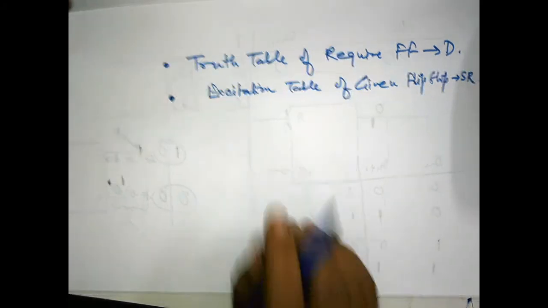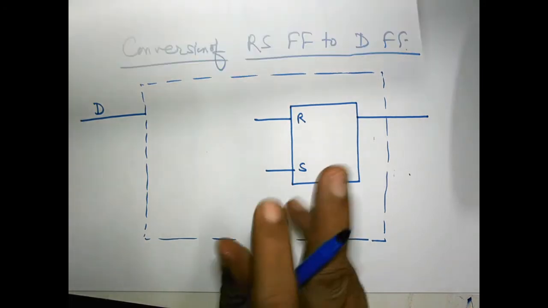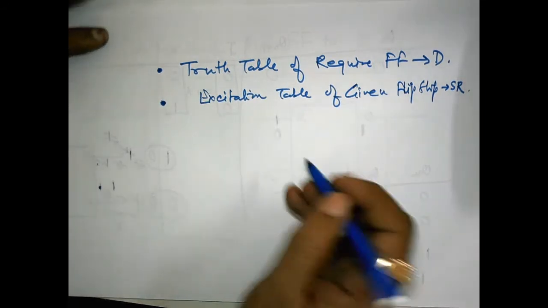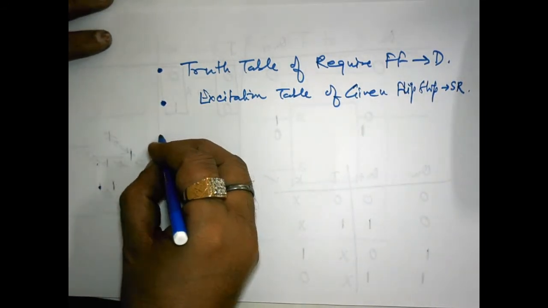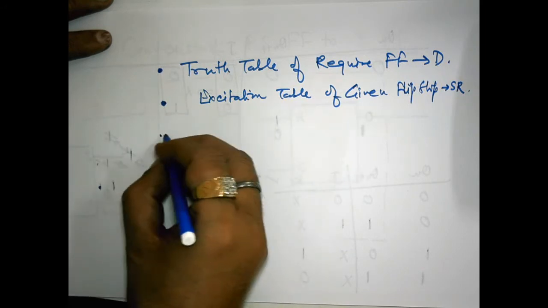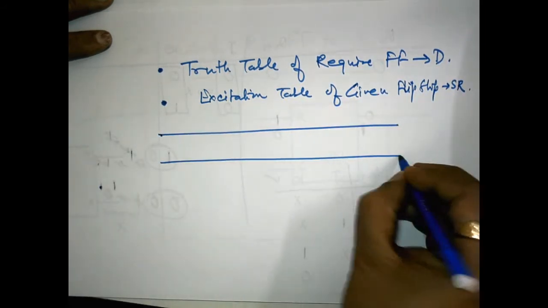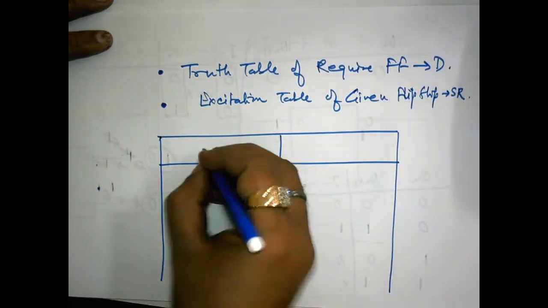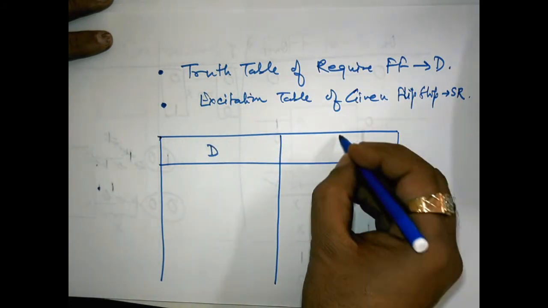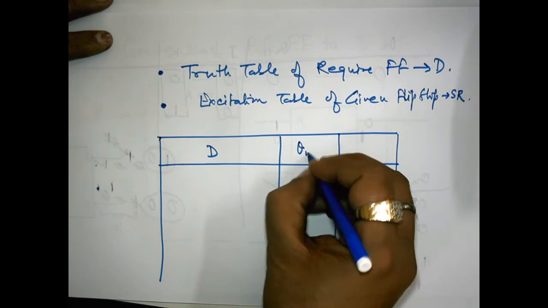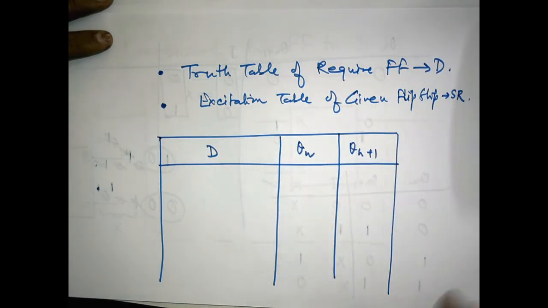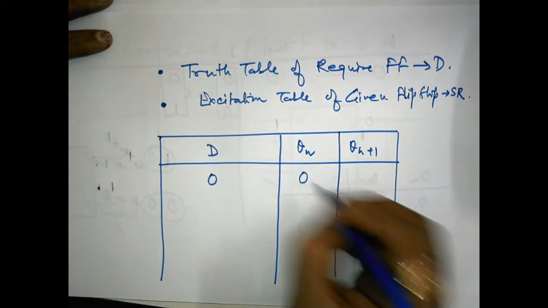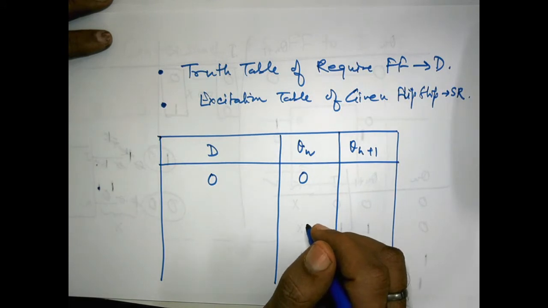So let us write down the truth table of the required flip flop, or rather we can say it should be the characteristic table of the required flip flop.